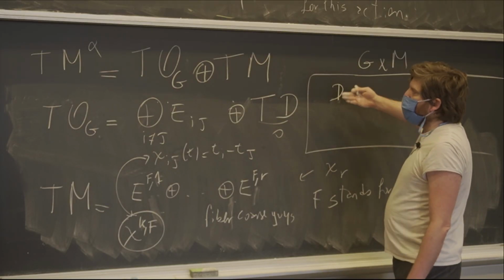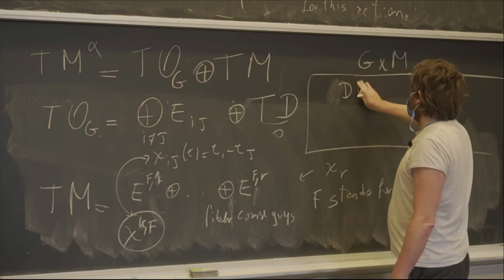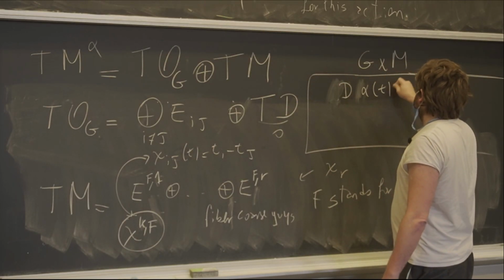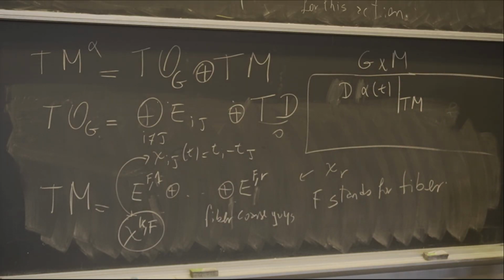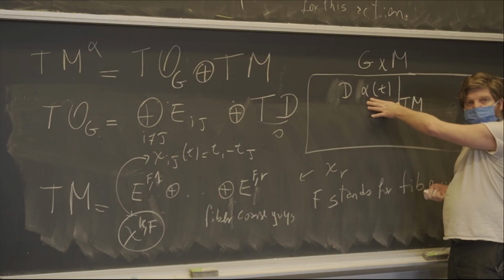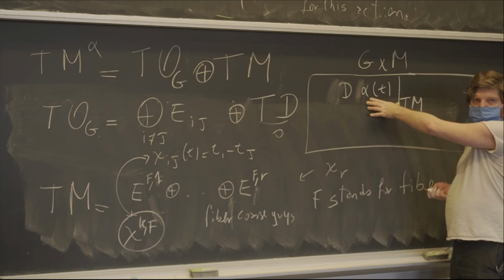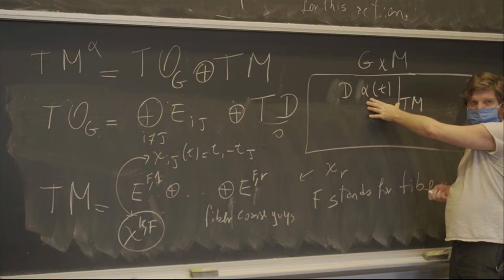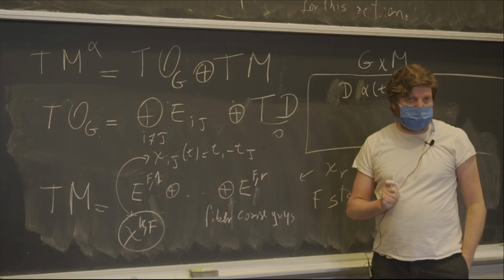So it is the derivative restricted to this Tm guy, so d alpha t restricted to Tm. And now this is a matrix cocycle if you do the right trivialization. And you apply Oseledets to this matrix cocycle. And then it will give you this decomposition. That's one way of arguing.